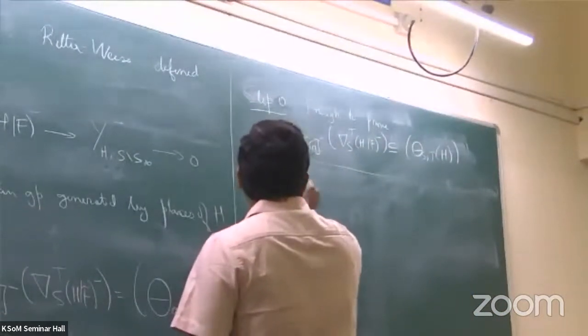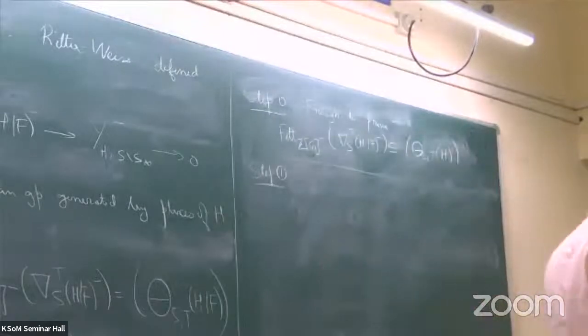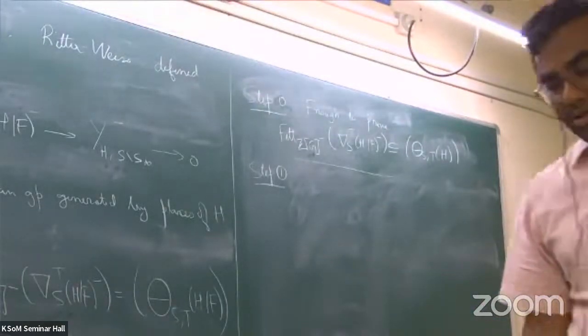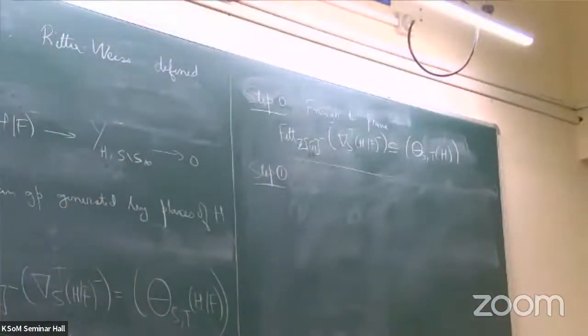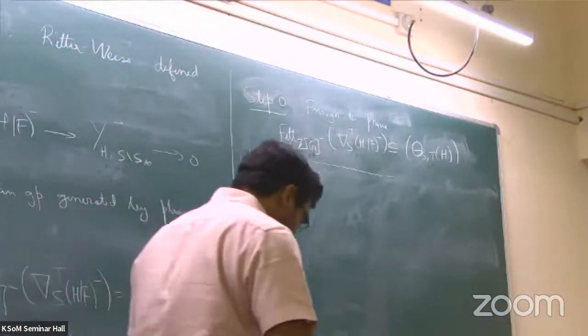Now step 1 is we'll reduce it to the construction of some Galois homology class. Again, this is the kind of thing that is standard in Iwasawa theory.